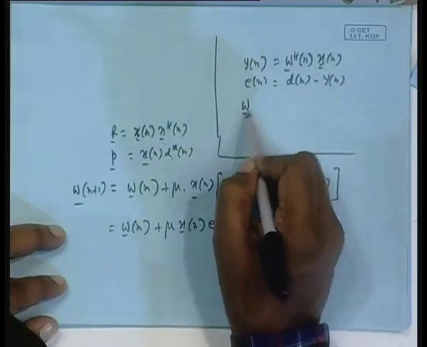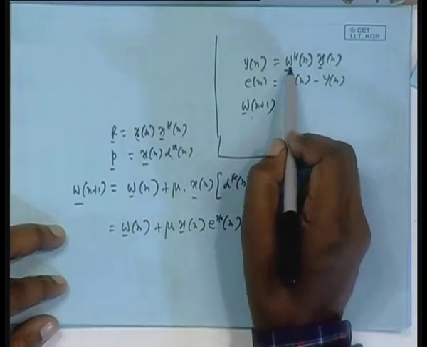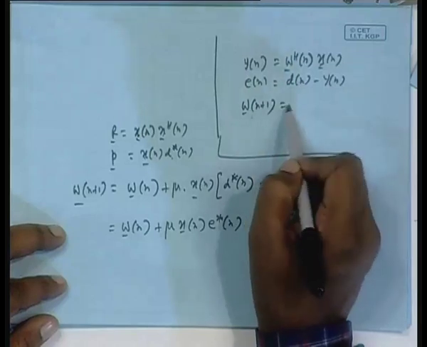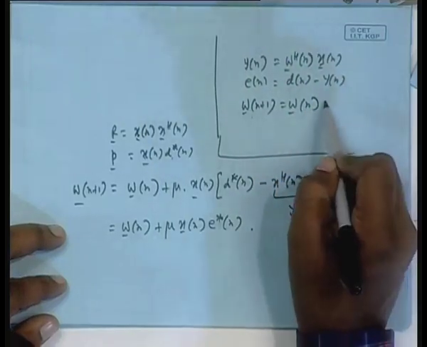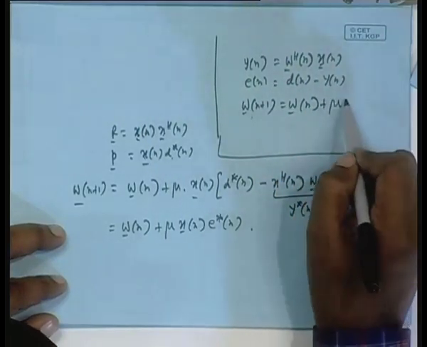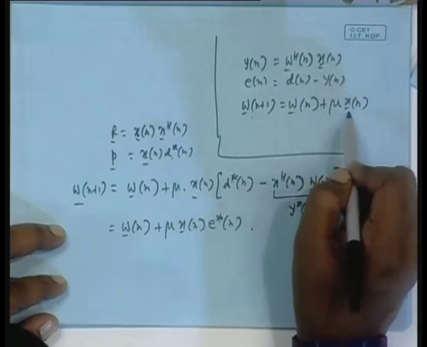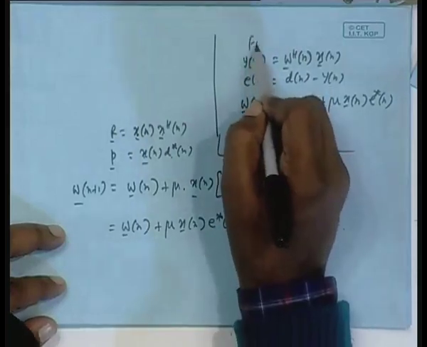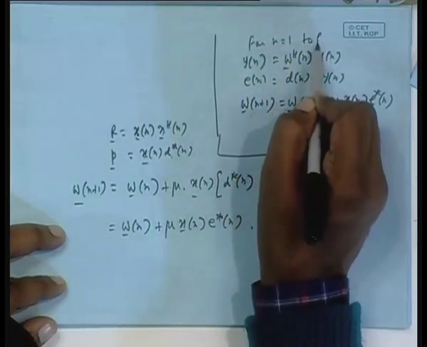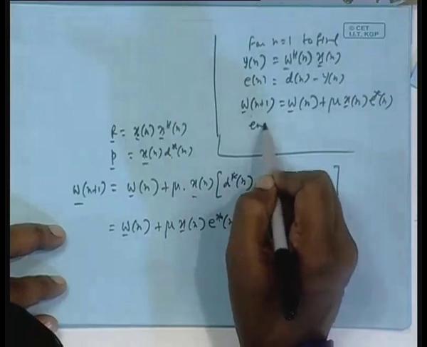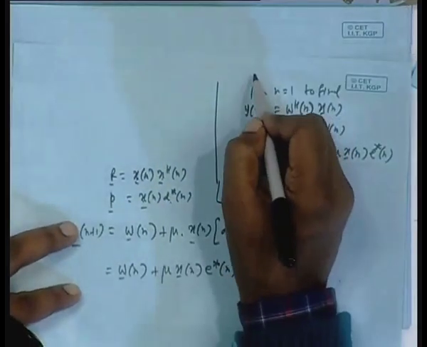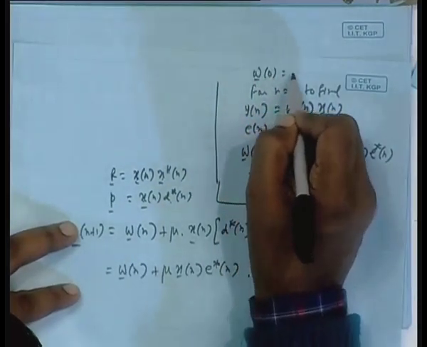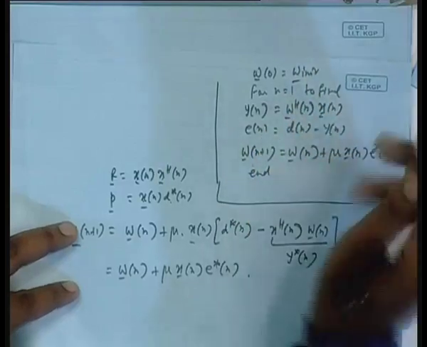Next step is W, you have used the current weight, now go for the next weight from this, that is Wn plus 1 equals Wn plus mu times x vector n E star n, for n equal to 1 to final n, and you can take some initial value. W0 is W init. Okay, so that's all.